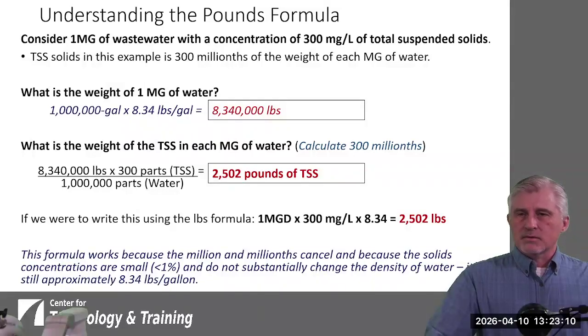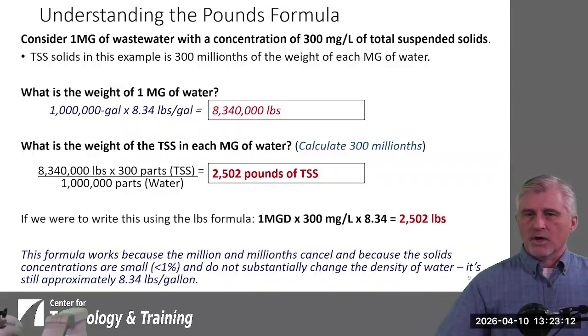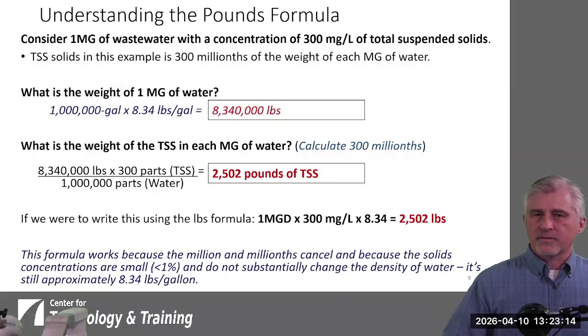They don't really change the density of water. If they were significant, then we would probably need to change the density. We would use a number, potentially greater than 8.34. But for most cases, how much more dense that is not significant, and it's easy to use this 8.34.